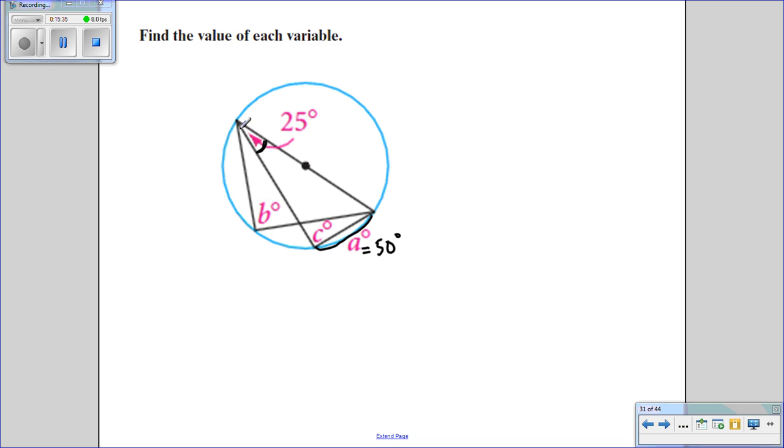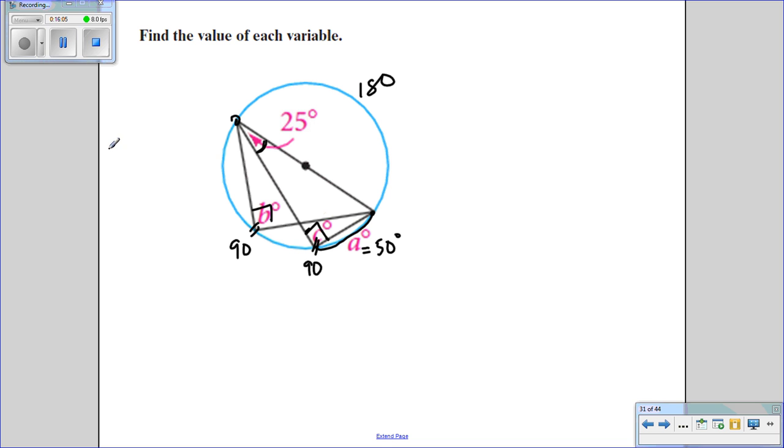Angle B intercepts a half circle, which is 180, so I know angle B is a right angle. That one's easy. And last, we have angle C, this one labeled C. C also intercepts a half circle, so this is also 90 degrees.